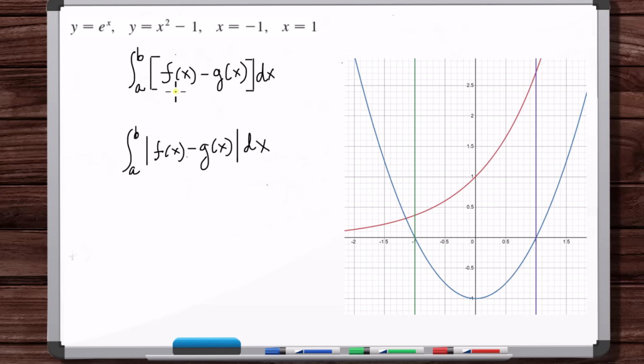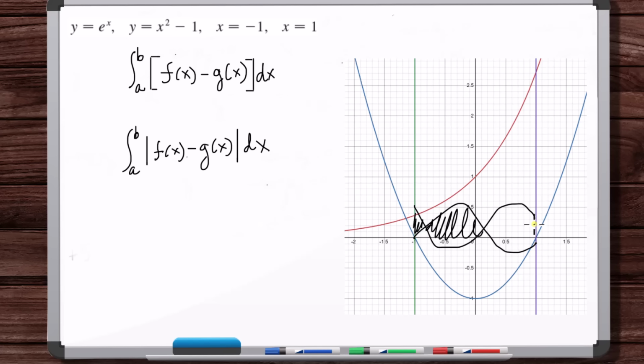But the idea is that you might have some mixture where the curves are interweaving, and you want to find the total area. So you want to find this area plus this area plus this area.